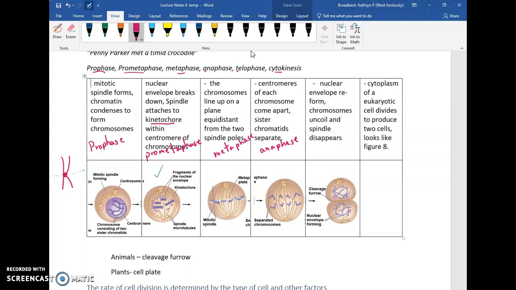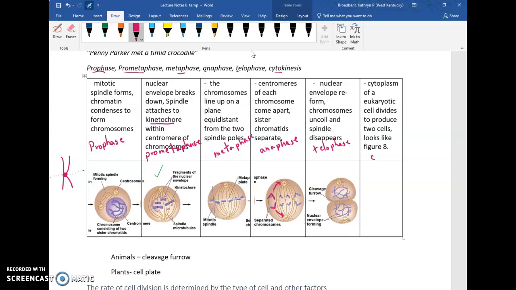So we have this one moving toward there and this one moving toward here. Telophase, the nuclear envelope reforms, the chromosomes start to uncoil, and the spindle that's been pulling the chromosomes around disappears.